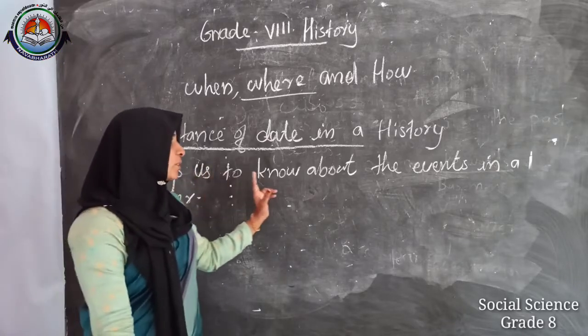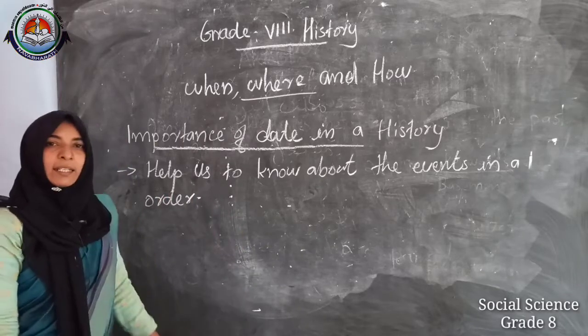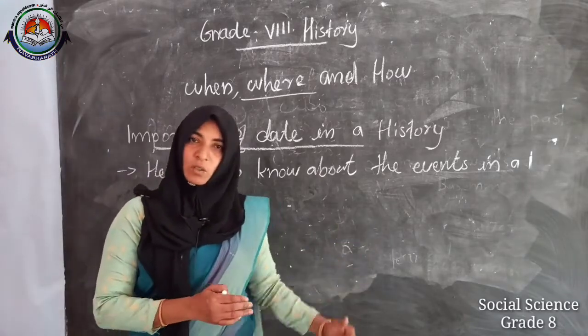Date helps us to know about the events in an order. Second, the chronological arrangement of events.